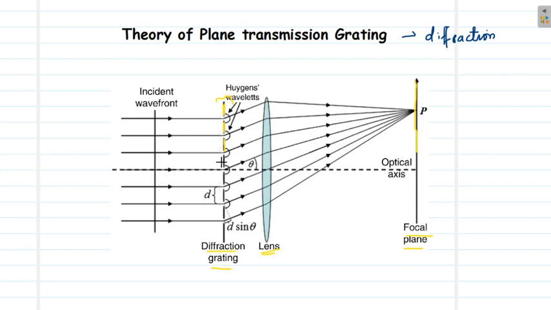For that, we will have to consider how the different waves coming from different points interfere, whether constructively or destructively. We will think about all that in order to find whether a particular point P will be bright or dark.